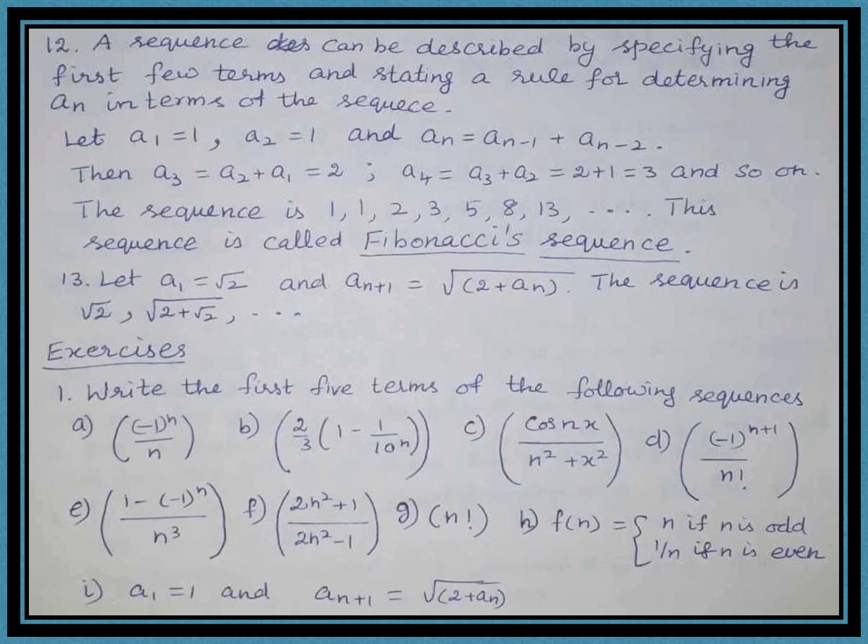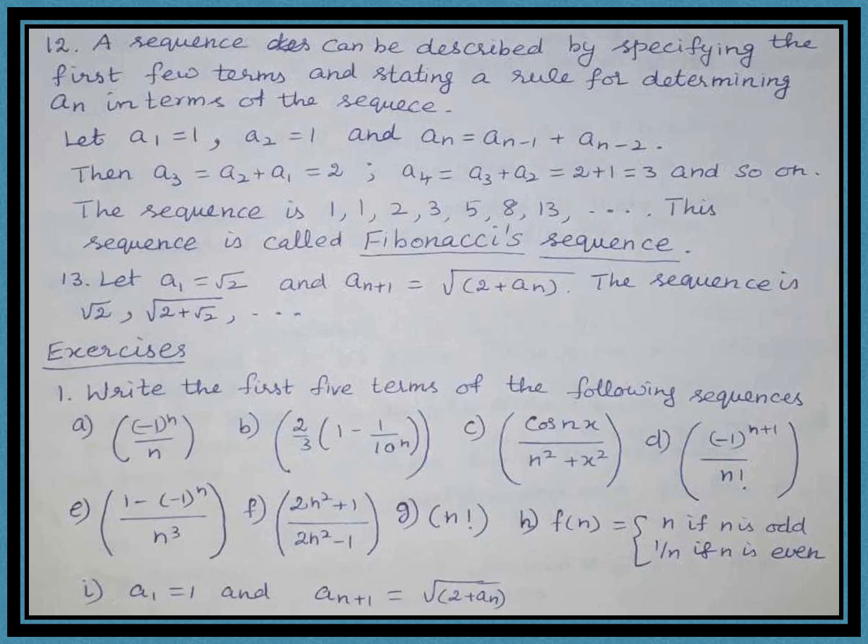Next example is, in the same way, we are given that a1 is equal to root 2. And we are given the definition, that is the rule, as a_(n+1) is going to be root of 2 plus a_n. So when we put n = 1, a2 is going to be root of 2 plus root 2.